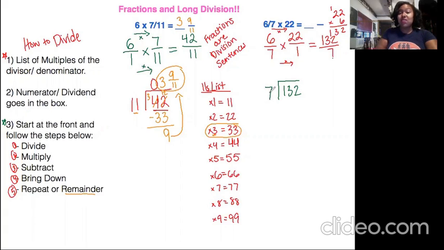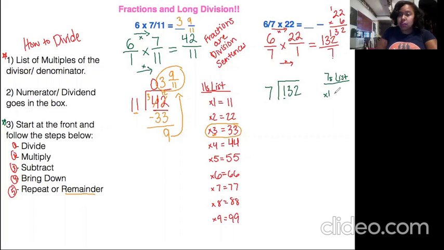Okay, so divide. How many times does 7 go into 1? Well, let's get my 7s list, right? Again, if you have a multiplication sheet, you don't need to write this list because you can just look at your sheet.